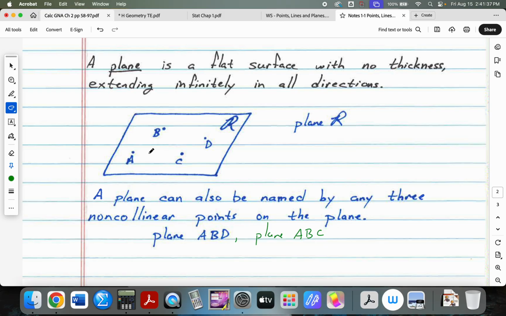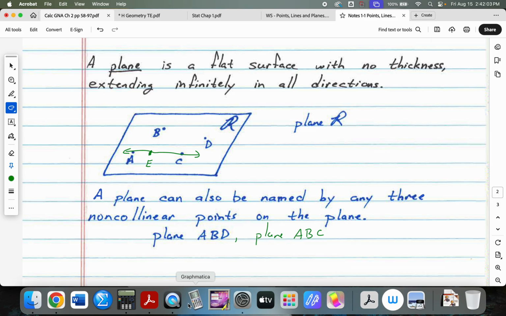Now, I'm going to add one point, if you'll add a point to this also. Directly in between A and C, please add E. And let's draw a line through it to show that the line goes through all three of those points. And you can do what I do.